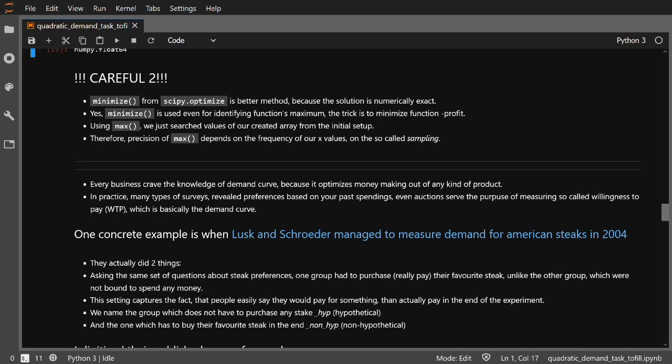Minimize is the better method because the solution is numerically exact. Yes, minimize is a correct method to find the maximum. The trick is that we will be minimizing the function minus profit. The problem with our max approach was that we just search the values we created in the beginning. Therefore, the precision of the max method will depend on the frequency or how many values we define in the beginning, which is so-called sampling. That's the end of the first part of the exercise.